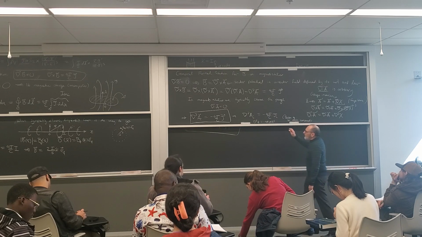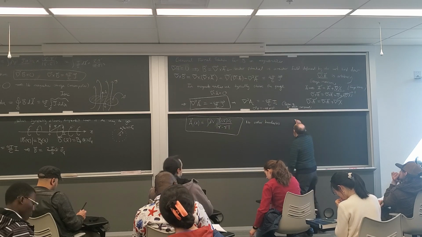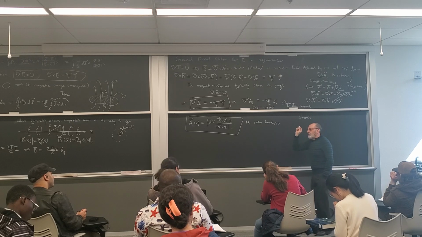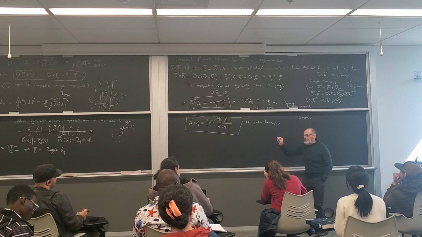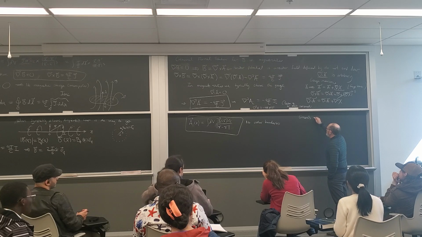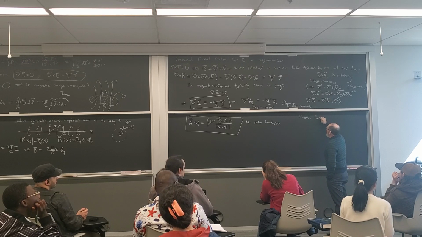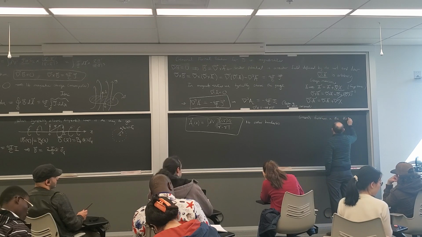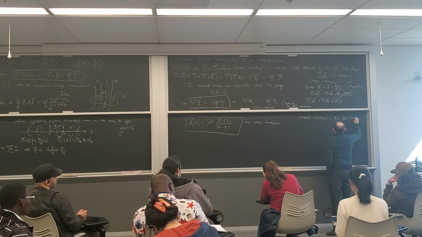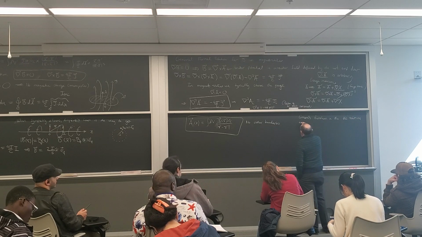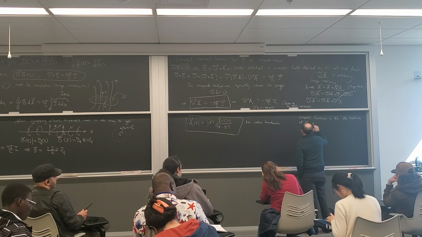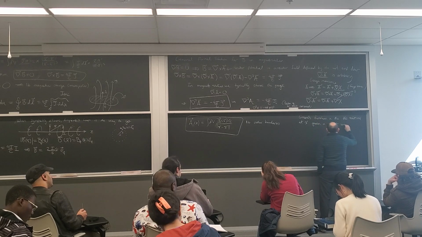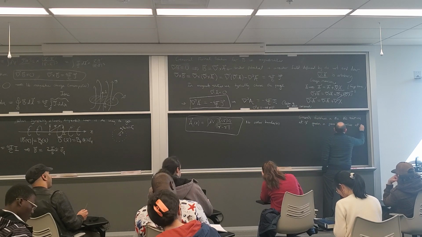The question about the Green's function is, let me just remind us, what is the Green's function? I want to emphasize that. The Green's function is the solution at x given a point source at x prime.